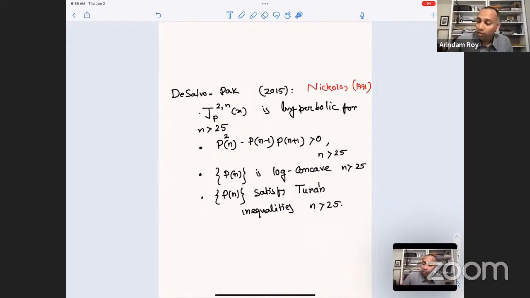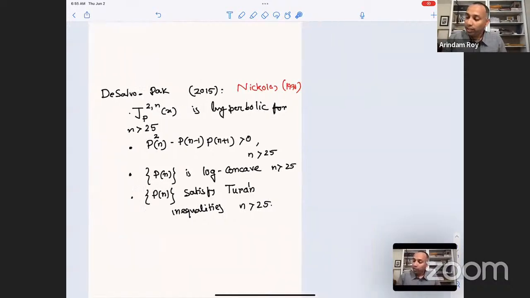Normally, and I'll mention later in my talk, getting hyperbolicity for large n is sometimes computable, but going down to the optimal value of this constant, in this case 25, sometimes needs laborious numerical computation or more hard work in the proof.